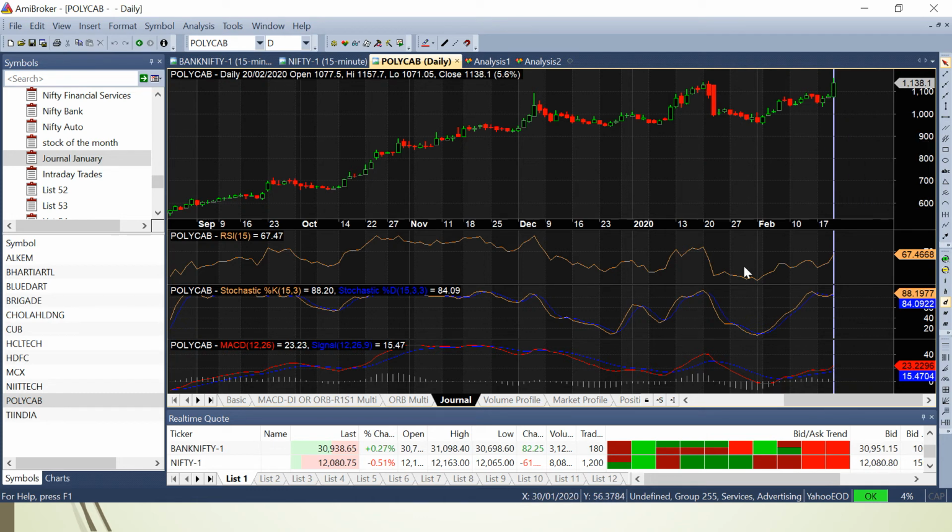Okay, so this is the negative divergence. One peak, second peak, third peak, price rising higher, peaks rising for price. RSI, one peak, second peak, third peak, and peaks are coming down. So pictorially, just to make you understand this as well, let me show you.